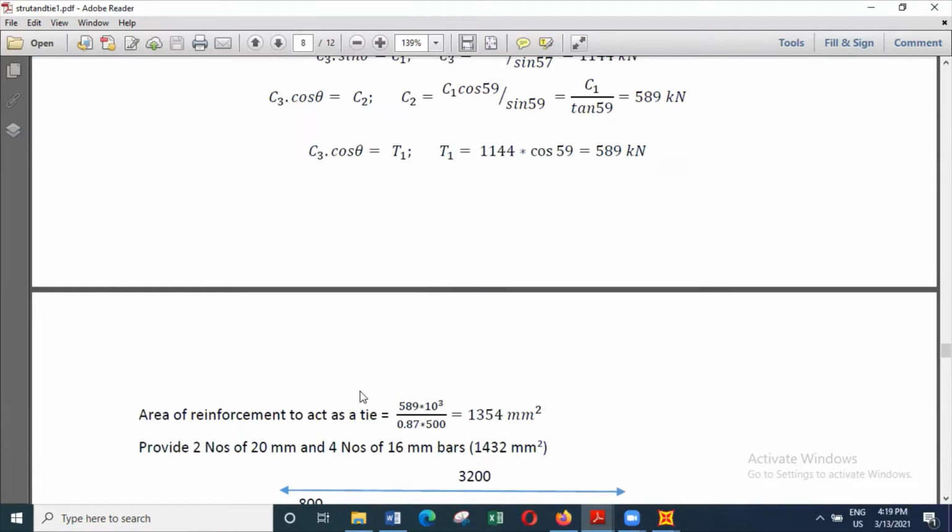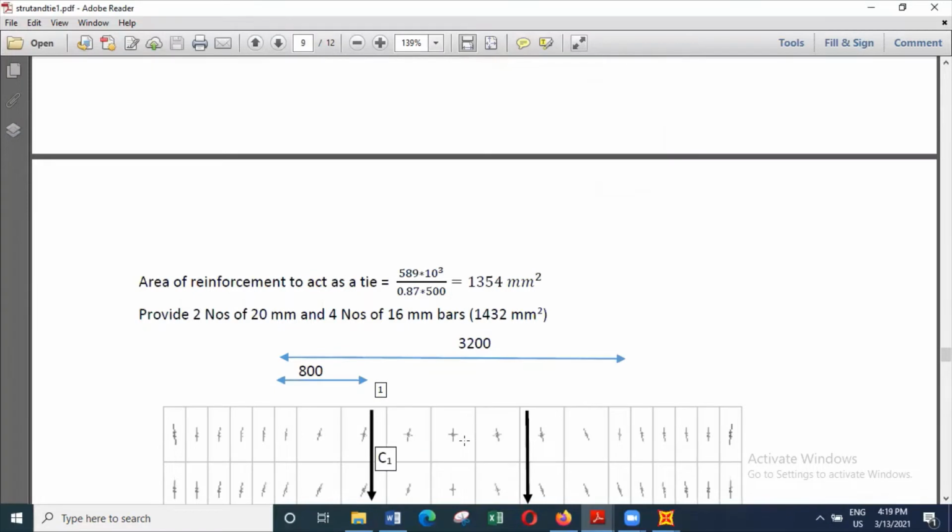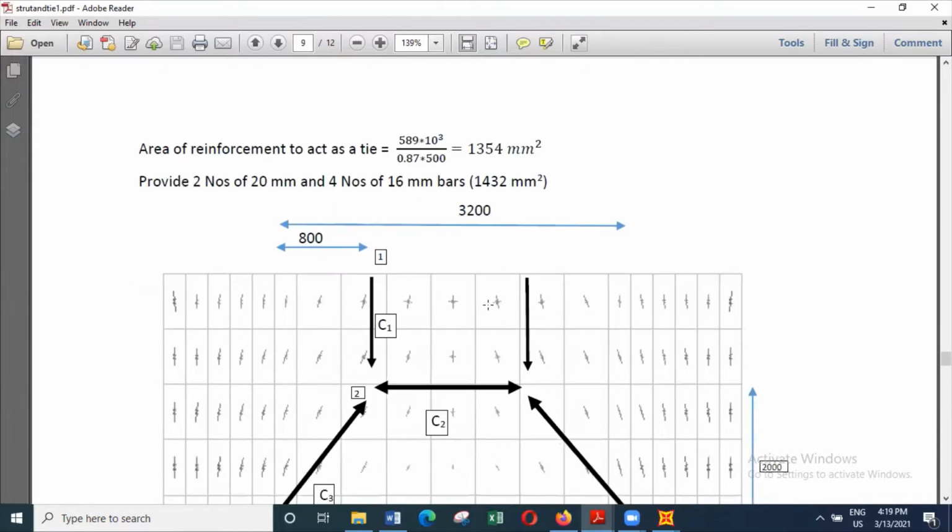So the area of reinforcement in the tie is calculated as we have done earlier. Again, you can see you need 2 numbers of 20 millimeter bars and 4 numbers of 16 millimeter bars. And the tie reinforcement has not changed much. It remains pretty much the same.